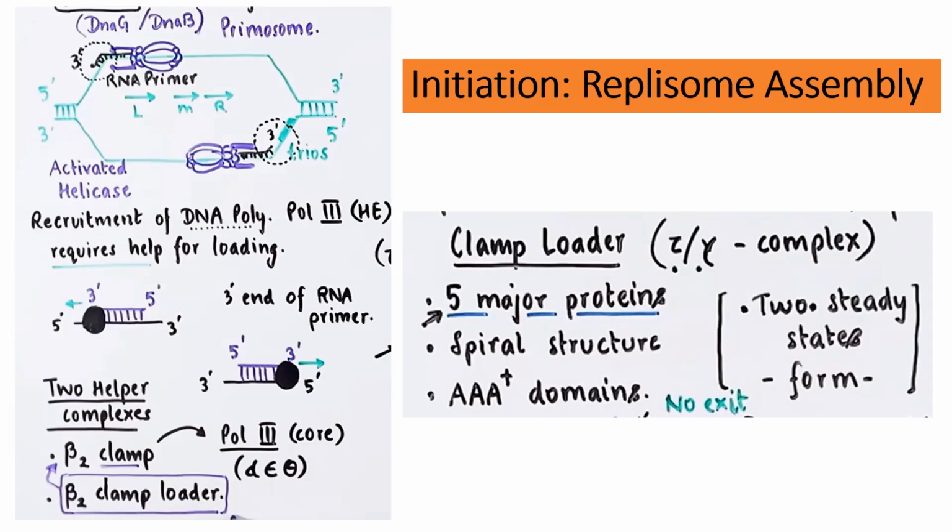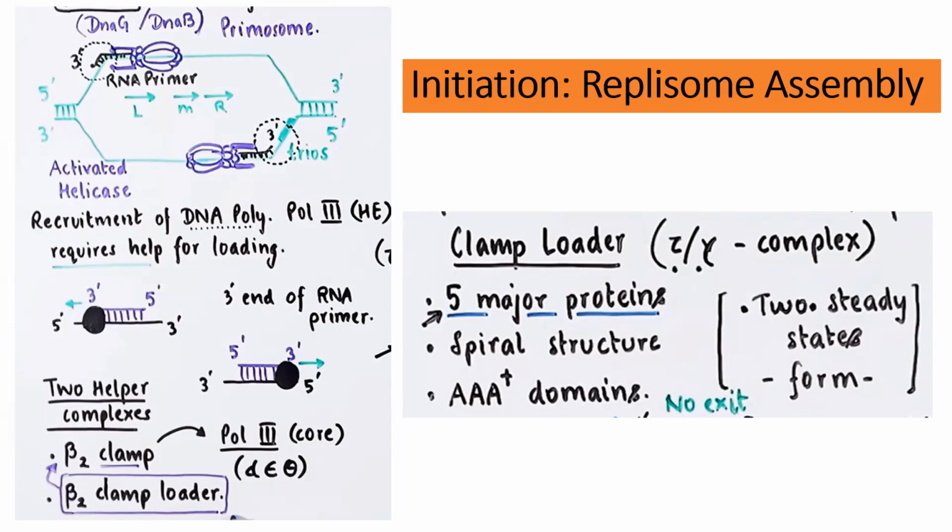Specifically, what we need is to position the DNA polymerase near the 3' end of the RNA primer, because that is where DNA synthesis begins, and then the polymerase will move on the template as the new DNA strand is synthesized.